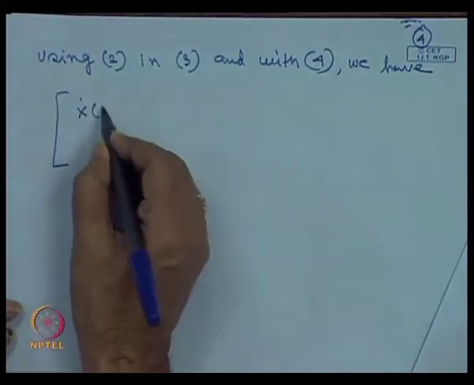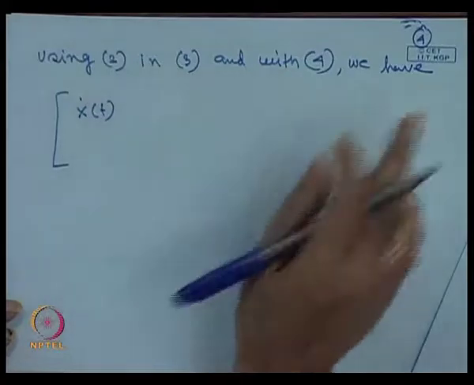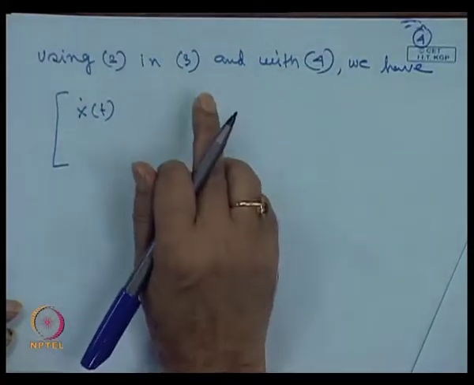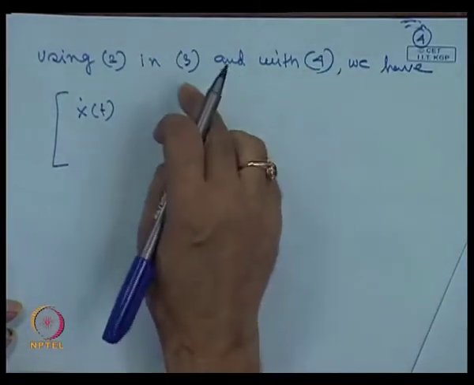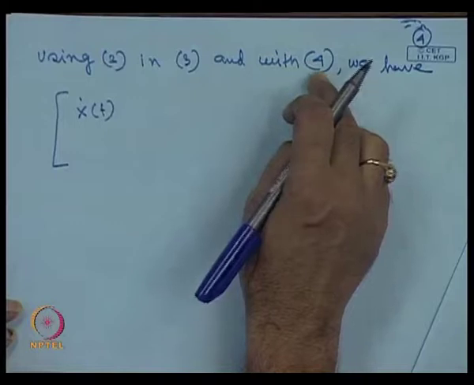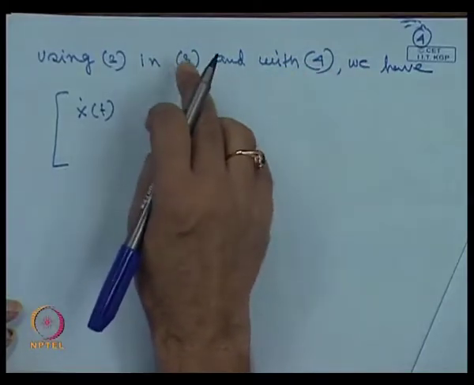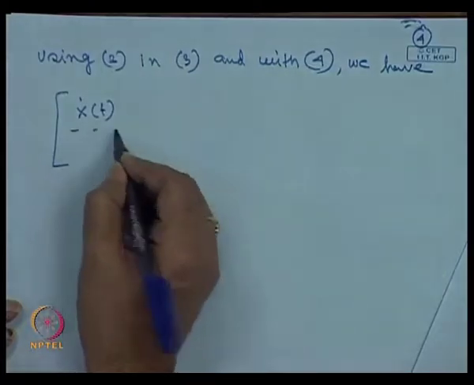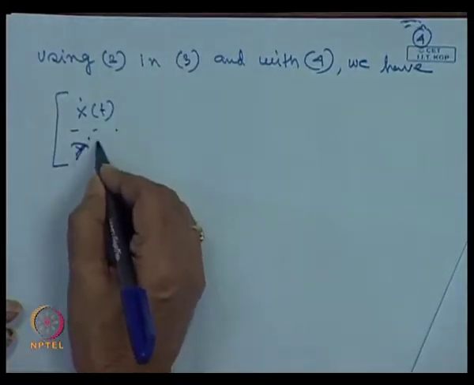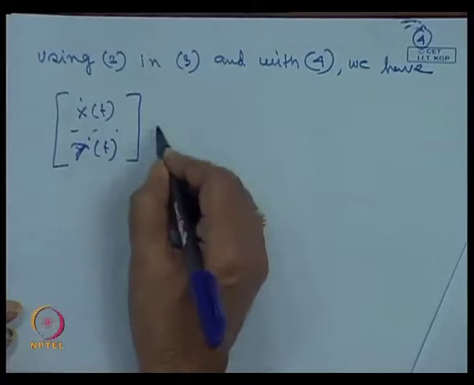x dot of t. That means in equation number 3 you use the expression of u of t, and then augment that equation 3 with 4. So I am just doing this: lambda dot of t is equal to this.